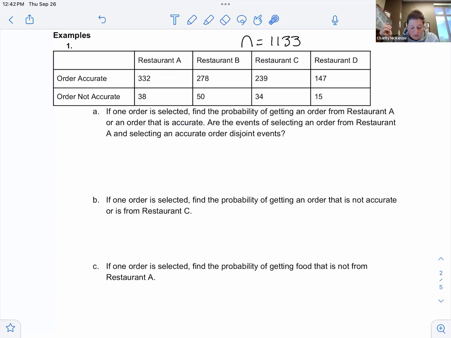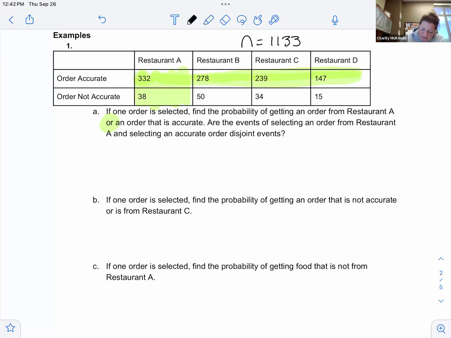Okay, now let's look at problem A. If one order is selected, find the probability of getting an order from restaurant A or, so this part's important, an order that is accurate. So I'm going to highlight all of those. So we have accurate or restaurant A, right? So all those highlighted areas are what we want to add up. So we just don't want to add 332 twice.